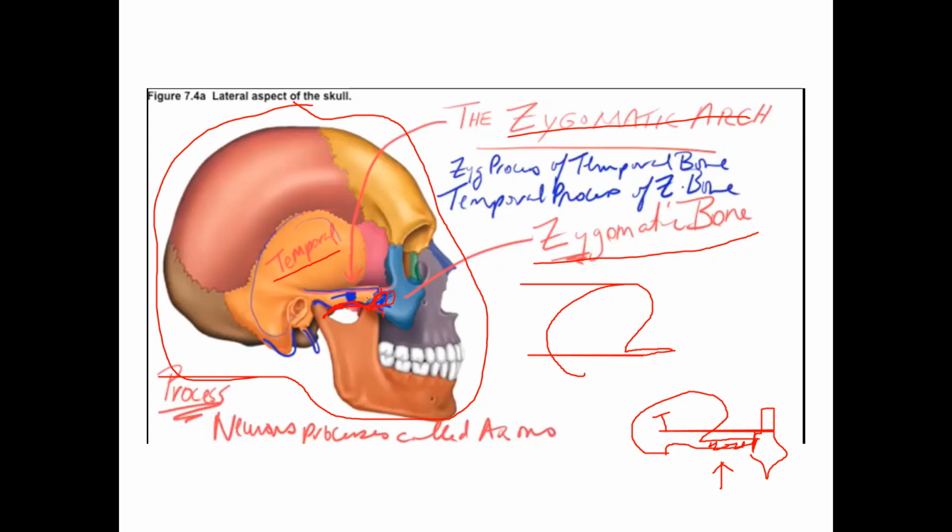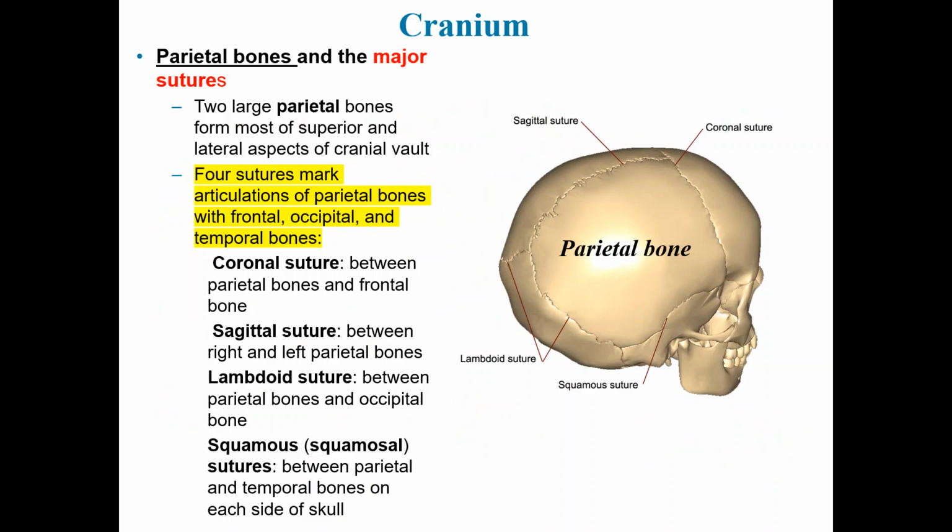Then, if I ask you the name of a specific process, you can almost take an educated guess. Knowing the names of the bones and the fact that this is named process, then you can just name them. You don't have to really remember them, okay?